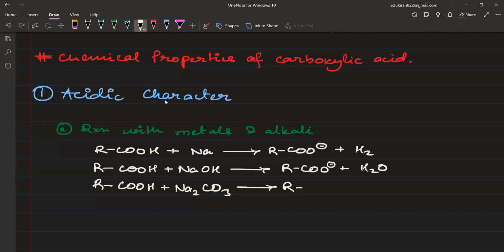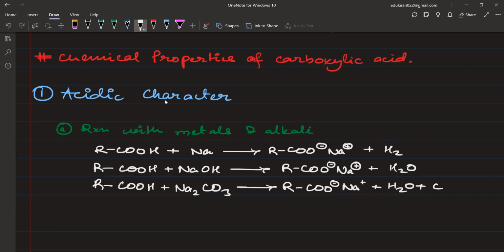Okay. यहाँ पे COO negative है ना? It will also contain here Na positive. ठीक है ना? The negative charge will be balanced by Na positive. Okay, so here also COO negative, Na positive, plus you will get water and carbon dioxide, H2O plus CO2. So these are the reactions that it shows. In all of them, it is getting the sodium salt of carboxylic acid, sodium carboxylate. If you use potassium, then you will get potassium salt of carboxylic acid, potassium carboxylate.